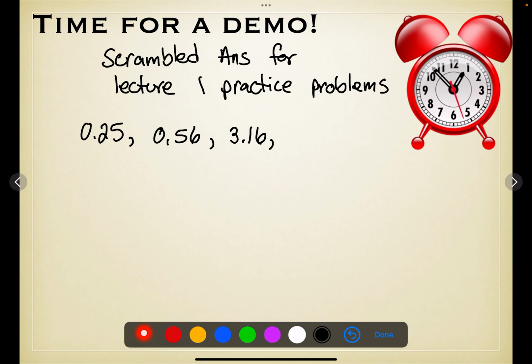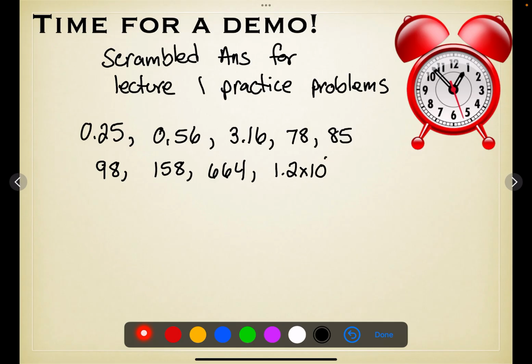And then we go 78, 85, 98, 158, 664, and 1.2 times 10 to the 24th. 1, 2, 3, 4, 5, 6, 7, 8, 9. All right, there you go. Those are your scrambled answers.